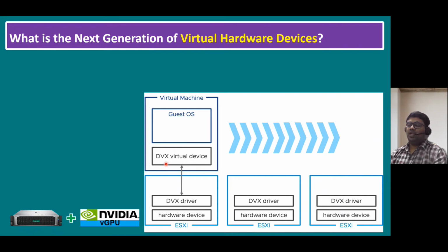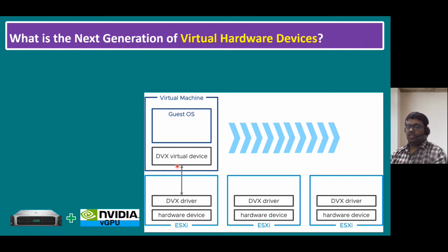So the device group we can also call a DVX virtual device, and it is common for all the virtual machines. Even if you are migrating a VM from one ESXi host to another, the other ESXi host must also have the compatible drivers. Only then can we do a successful live migration from one ESXi host to another ESXi host.